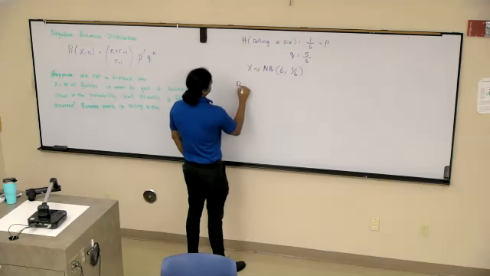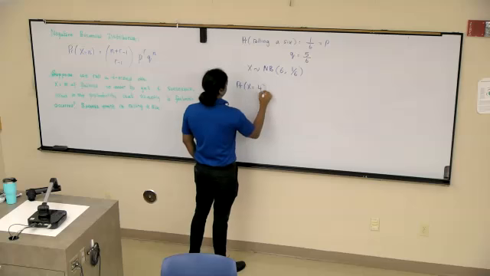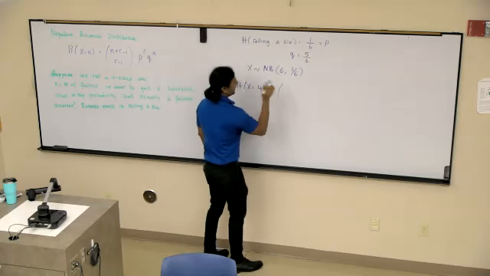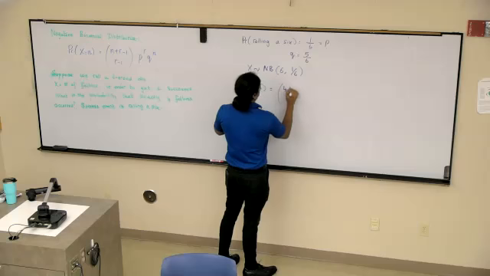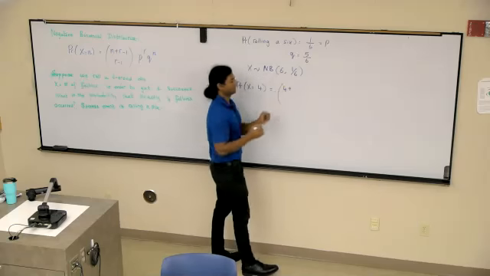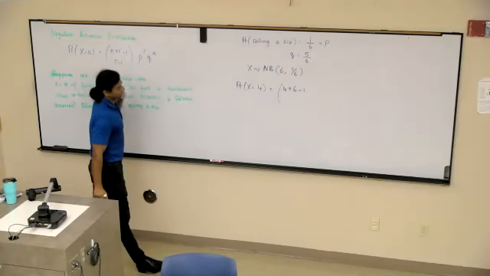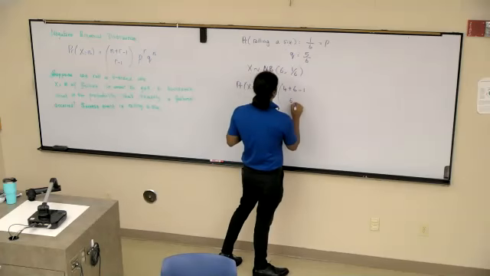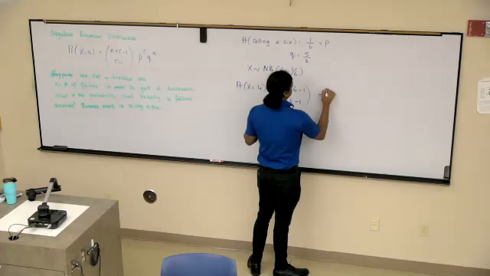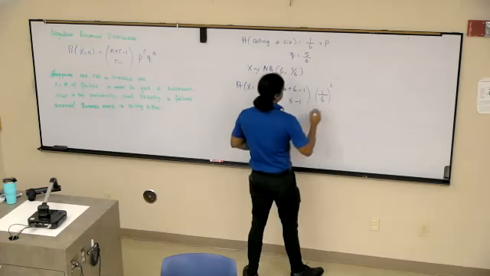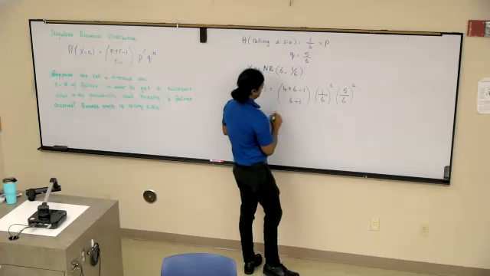So the probability of X equal to 4 is simply N, which is 4, plus the value of R, 6, minus 1, choose R minus 1, times P raised R, 1/6 raised 6, multiplied by 5/6 raised 4.